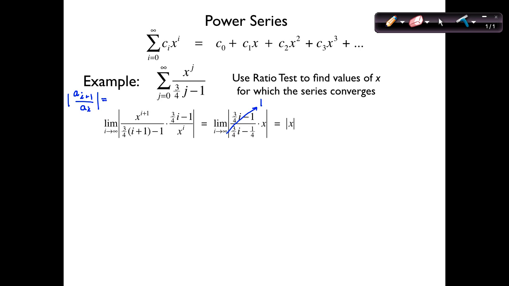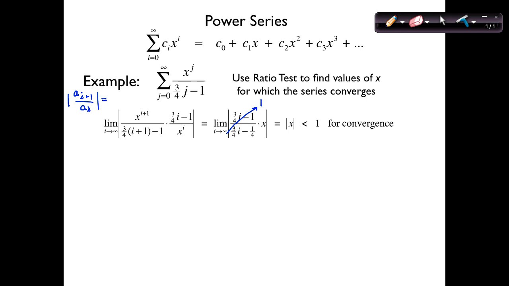All right, so now what does the ratio test say about convergence? This is kind of like the r value. In this case, the r value is the multiplier, and what has to be true about that r value? Less than 1, right? The ratio test is based on geometric series, basically, based on if your series is becoming geometric.